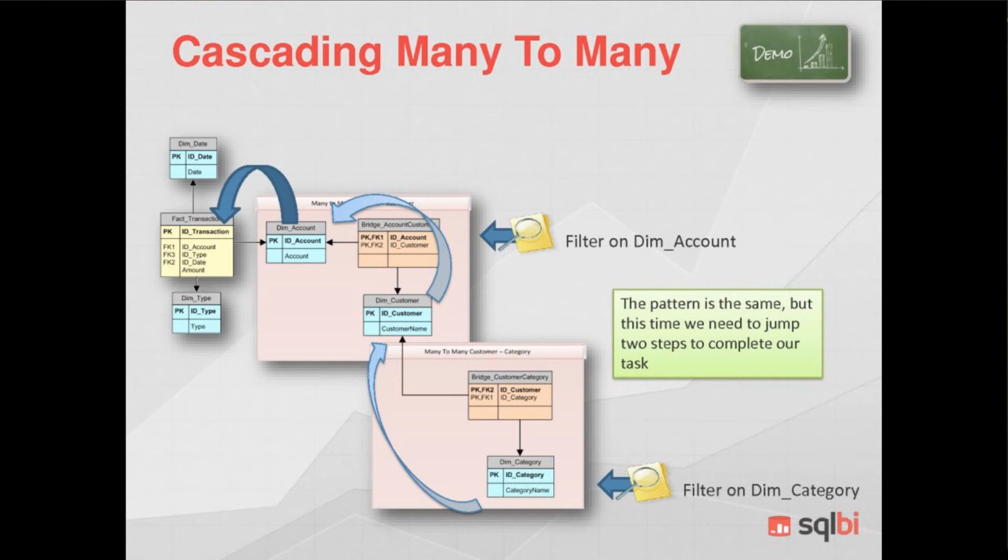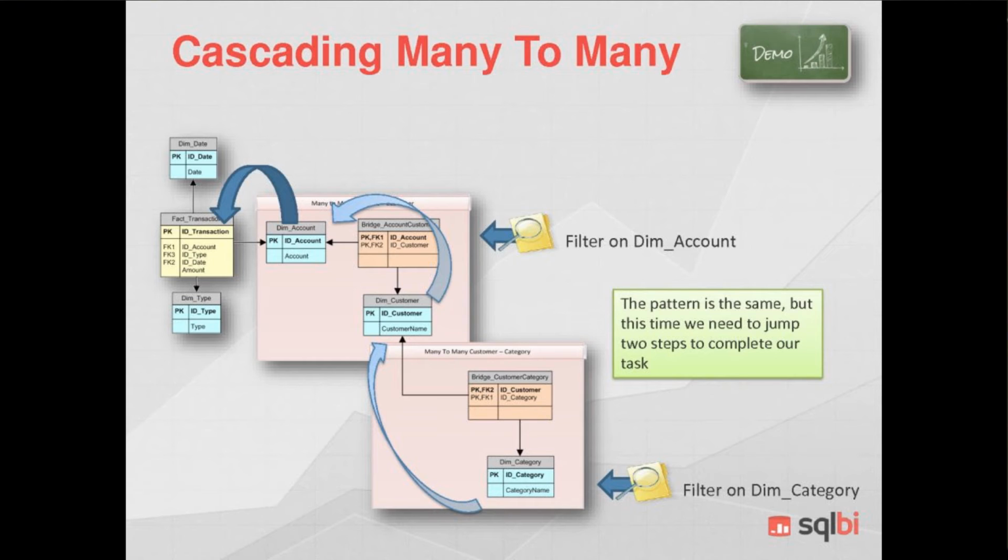Then many-to-many appears in many different scenarios. Another scenario which happens very often is cascading many-to-many. If you really want to hurt yourself, then it means you have the fact table, account, the bridge with the customer.